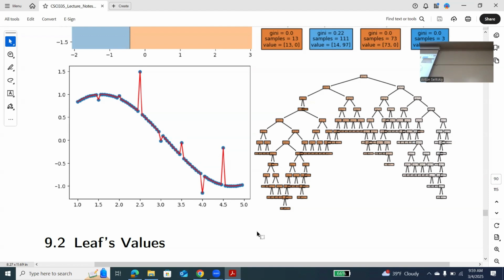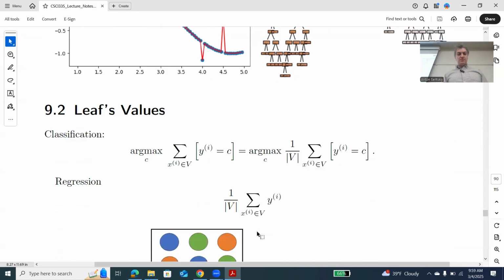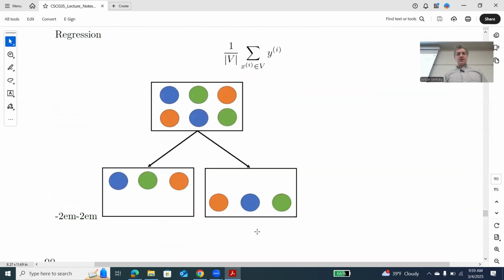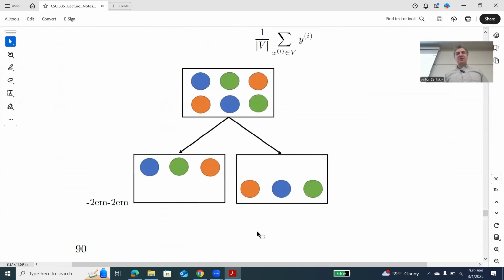But for every path in this tree, we will get a different prediction in the leaf, and this is how this red curve is actually obtained. And we will do this in our problem solving right now, because now we're ready to do problem solving. Oh, no, wait a second.